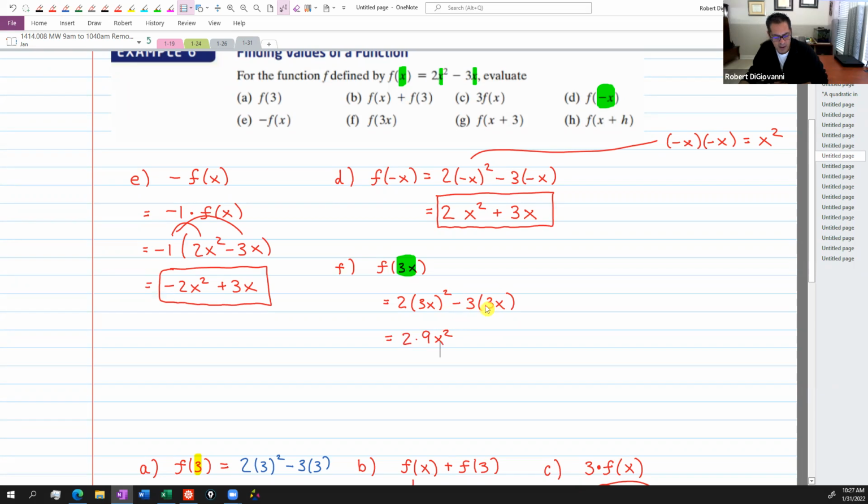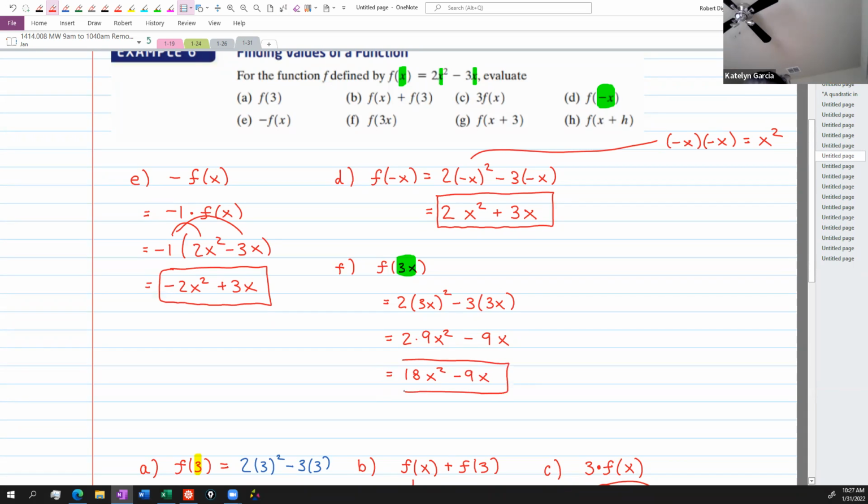And then Caitlin, right here, when I put the negative 3 times 3x, what would that give me? Negative 9x. Yep. And then last thing is just to put the 2 and the 9, multiply them. That gives us our 18x squared minus 9x. There we go.